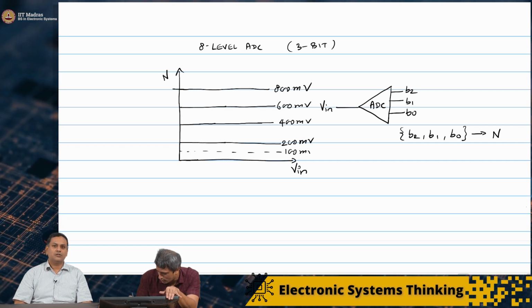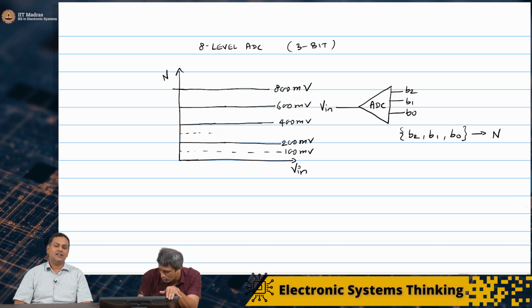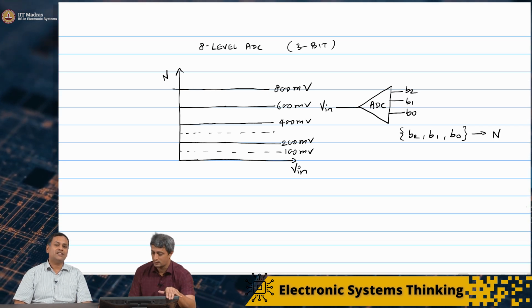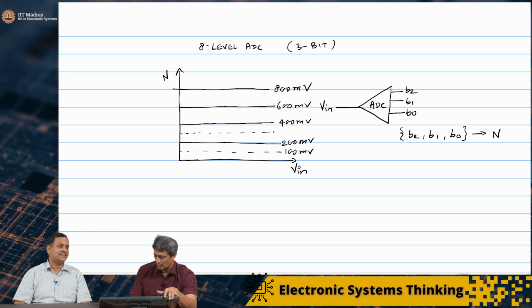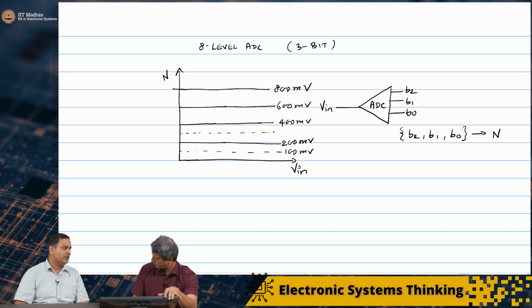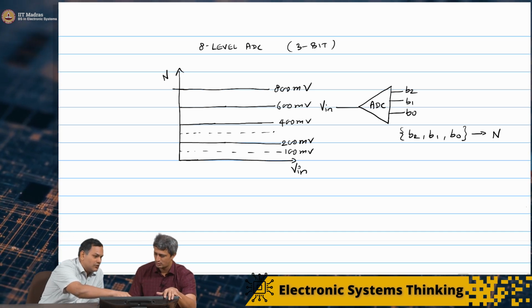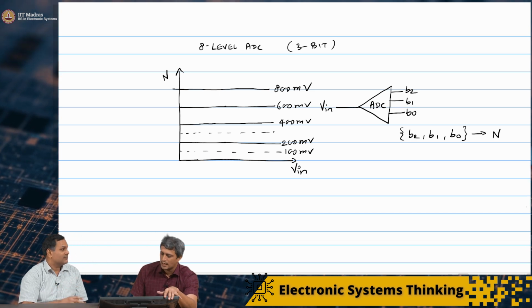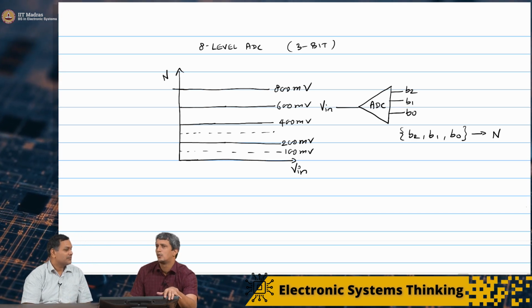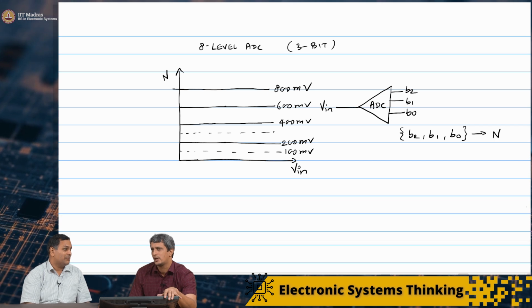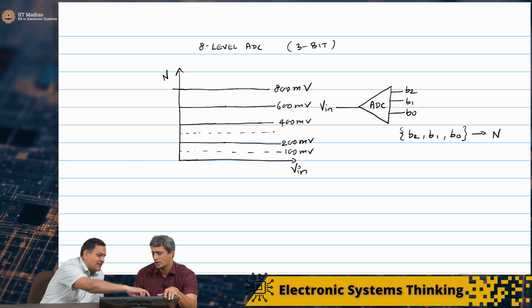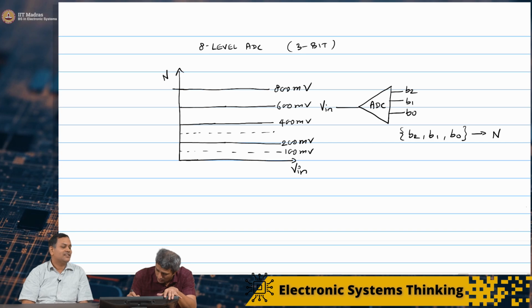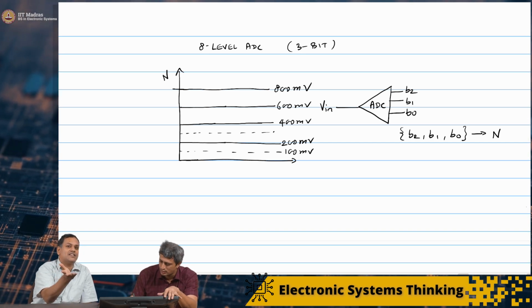Do you want to make the lines vertical? The voltage axis on the x-axis, do you want to plot it that way? So this n is also in volts? N is effectively a number. Which means these lines should be vertical. Why don't you plot V in versus N if that makes it easier?